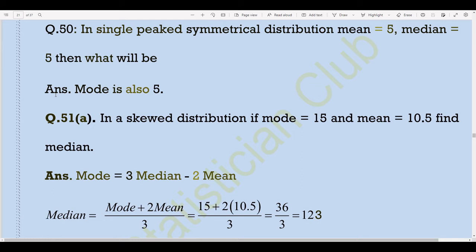Due to this reason, its mean is equal to median, median is equal to mode. So when mean is equal to 5, median is equal to 5, then mode is also equal to 5.